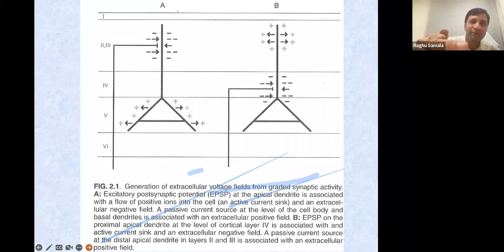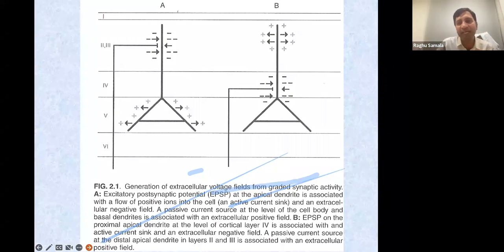So this negative at the dendrite, positive at the soma, it is like a dipole now. Actually, this forms the mini loop.